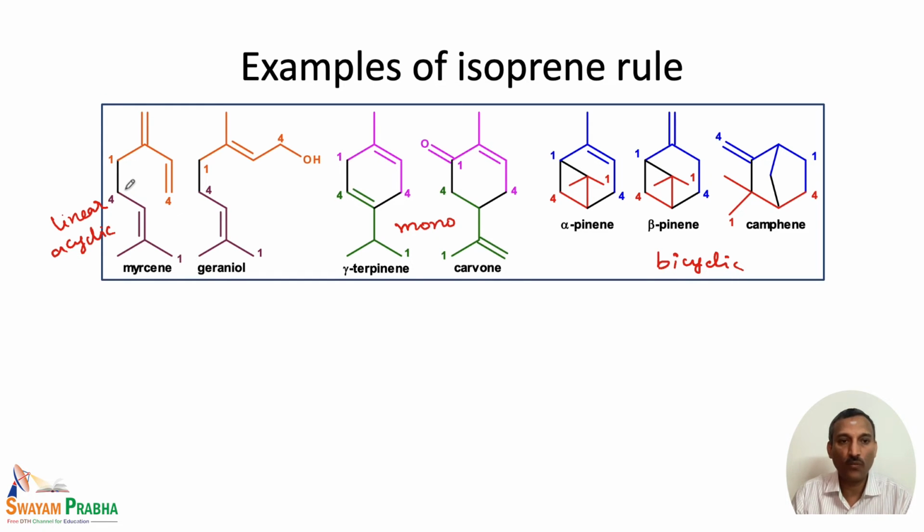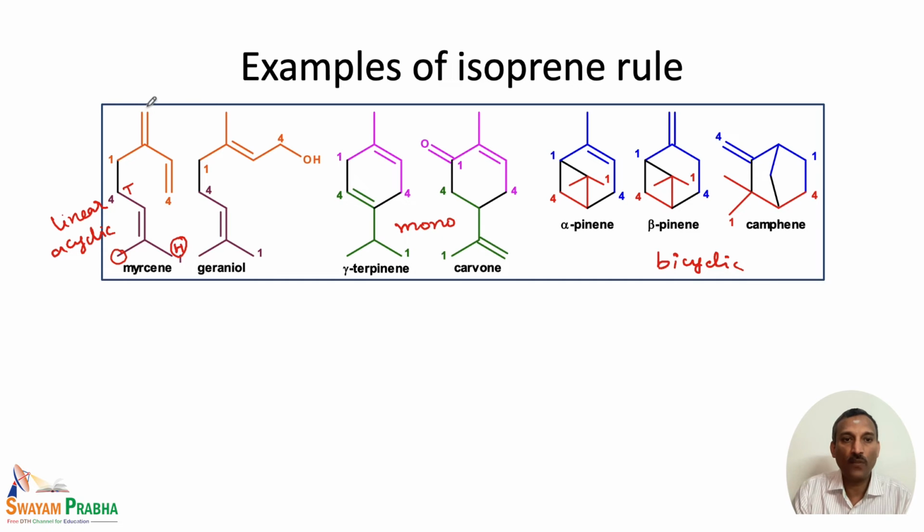Here we have a unit starting from carbon number 1. For convenience, I have put the number here. So we can assume that this is the head and this is the tail. Wherever it ends is the tail. And as I mentioned, whenever we have the methyl group, that methyl group carbon is considered to be closest to the head.